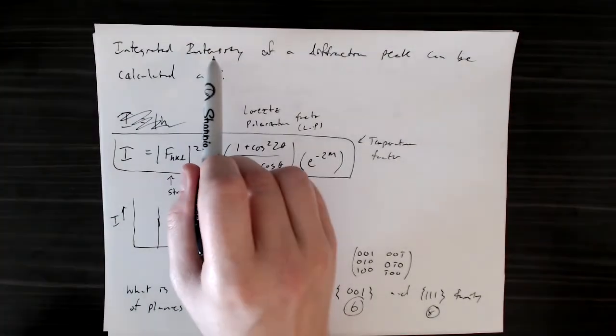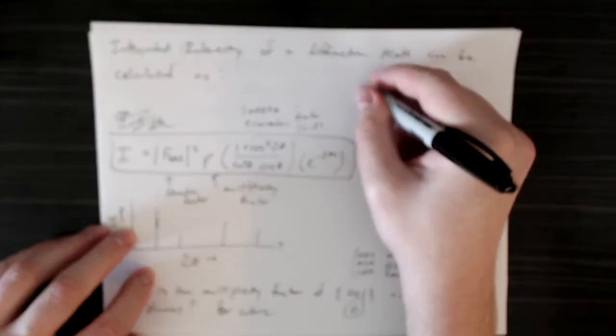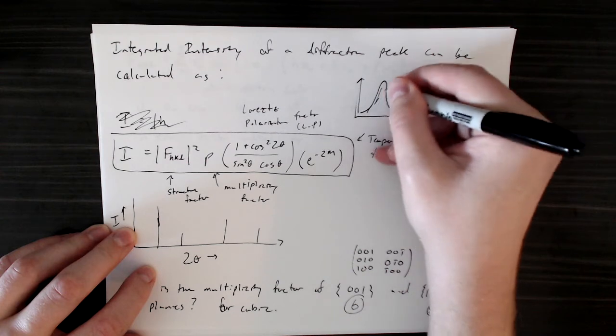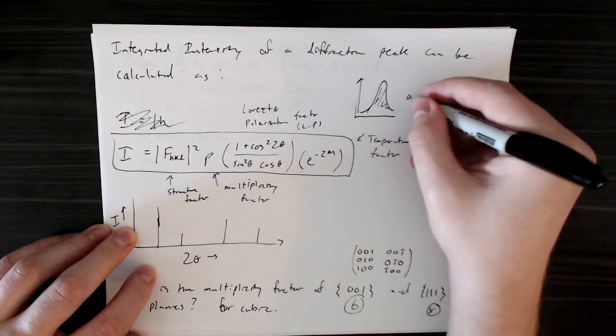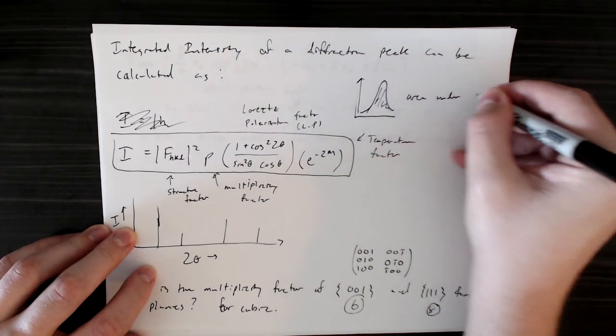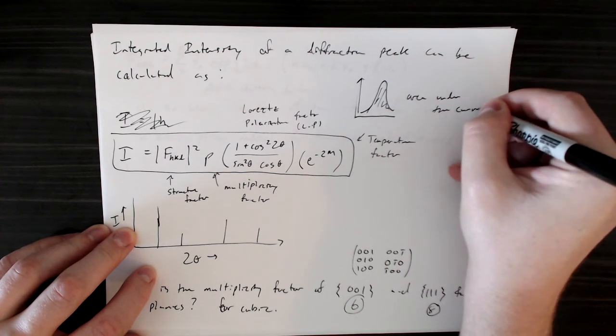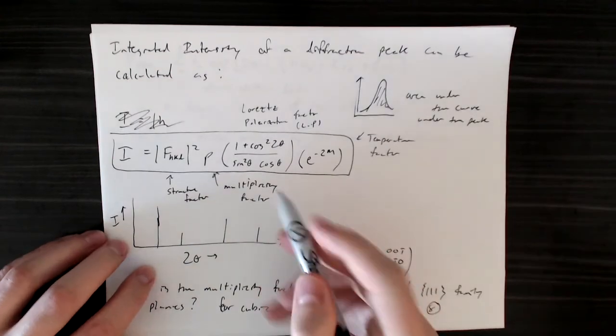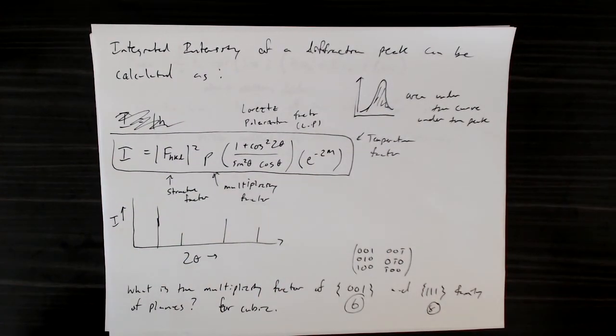In this case, the integrated intensity, if you need a quick refresher, is the area underneath the curve, under the peak. So that's how we find those values for intensity, and that's how we can predict single phase intensities.